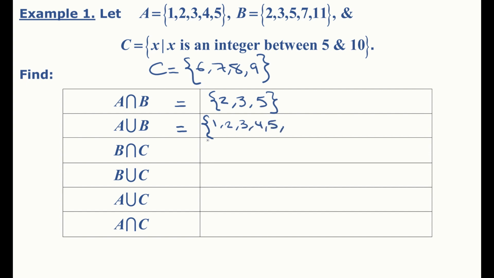And notice that we are also going to want 7 and 11. So we're going to bring those in from B, and we're not going to repeat any of the ones that we already got from A. And that's it. There's the set A union B.